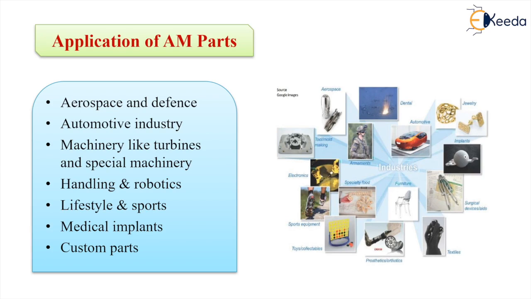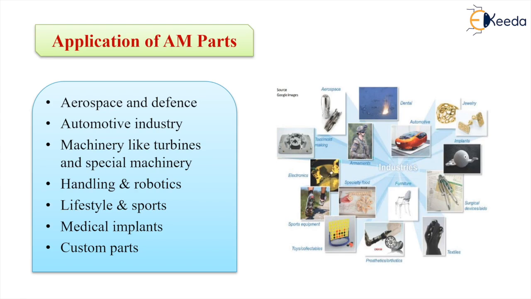Machinery like turbines and special machineries also use additive manufacturing. Then it is used in handling and robotics also. In lifestyle, jewelry is the best application of additive manufacturing, and in sports it is used in biking.